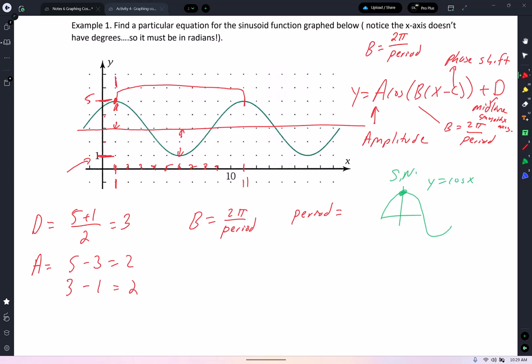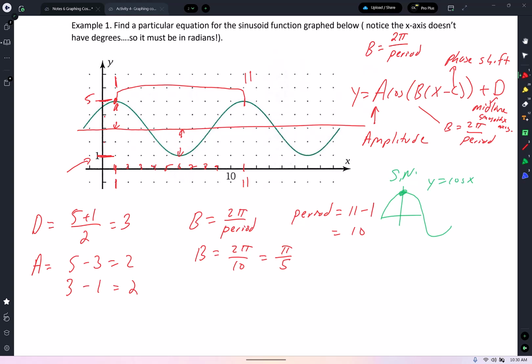I have a peak here at 1. I have a peak here at 11. So I'm going to go 11 minus 1. What's that? 10. So the period's 10. So B equals 2 pi divided by 10. Reduce that sucker to pi over 5. Are we okay so far, guys? Nothing crazy, right?